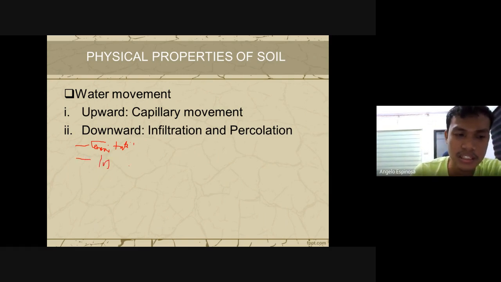So, infiltration means the downward entry of water via the soil surface.